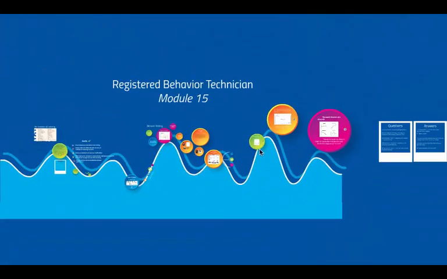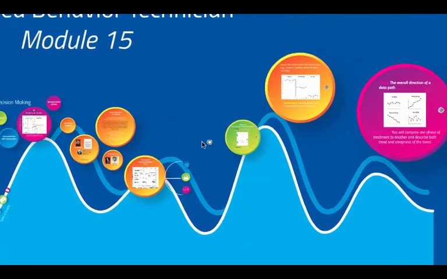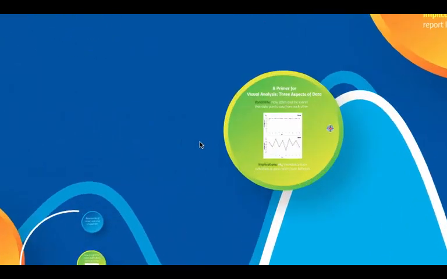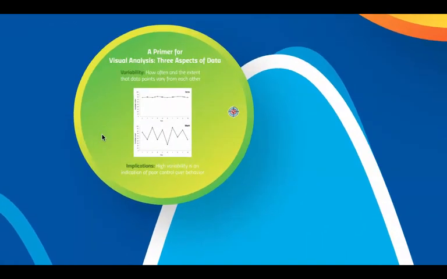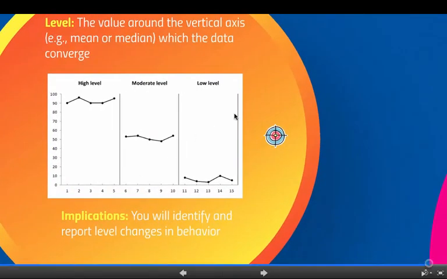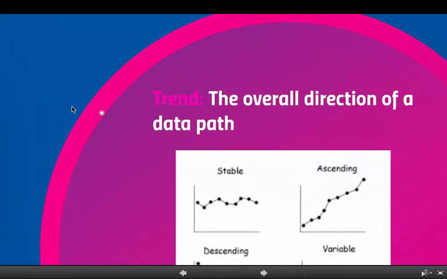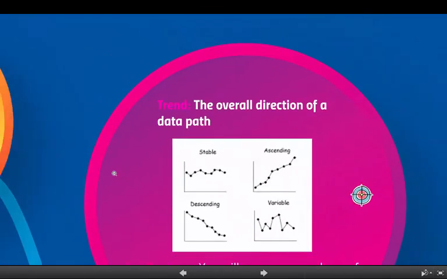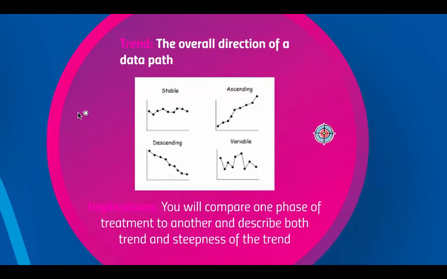But essentially, those are the three things that you'll be discussing with your BCBA supervisor. The variability of performance. You'll be talking about the level of behavior, and then finally you'll be talking about the trend or the overall direction of the data path.